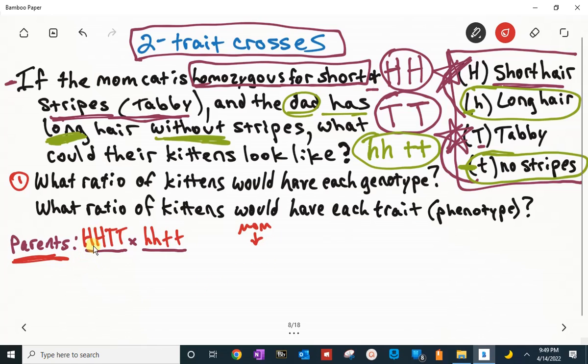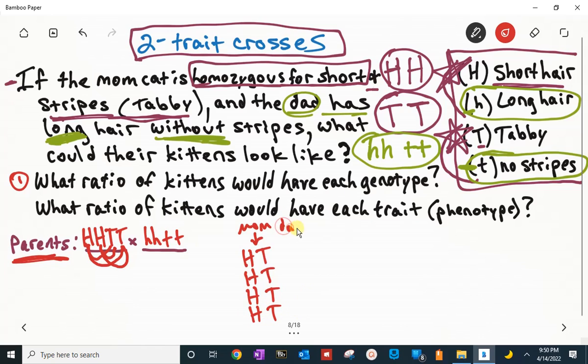She has a capital H and a capital T, or she could have the same capital H but the second capital T, or she could have this second capital H and this first capital T, or she could have this second capital H and this second capital T.